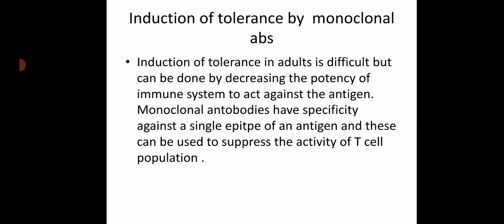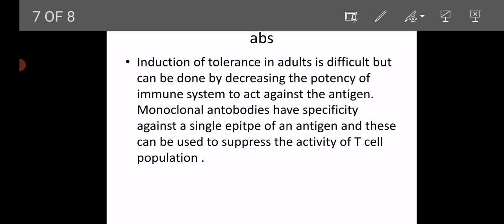These antibodies have specificity against a single antigenic epitope, and they can be used to suppress the activity of the T cell population. When we administer monoclonal antibodies, they are going to interfere and reduce the activity of the T cell population.